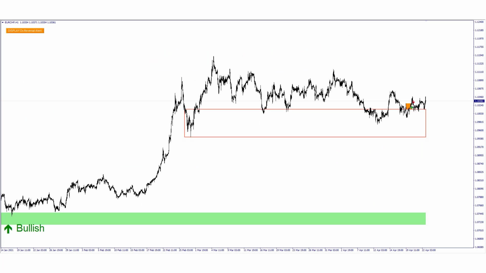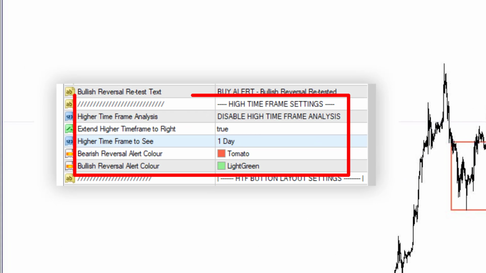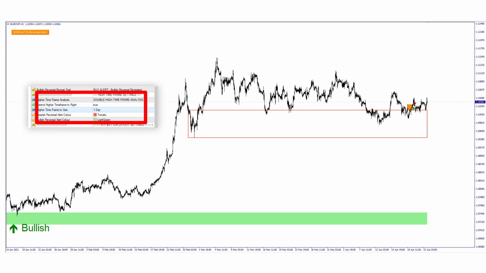The other way you can identify higher time frame bias and trend direction is by using the setting already built into the market reversal alerts indicator. Now, one of the strategies that is incredibly reliable with the indicator is the multi-time frame entry strategy.